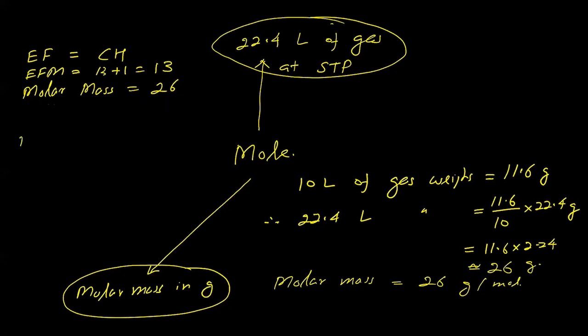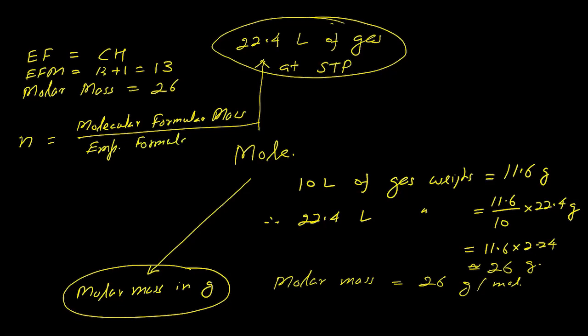You need to get the factor by which you need to multiply the empirical formula to get the molecular formula. N is molecular formula mass divided by empirical formula mass, that is 26 divided by 13, that is 2.